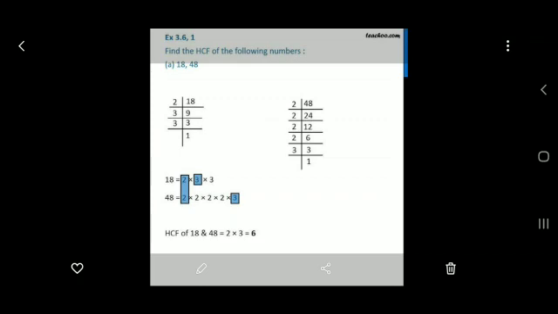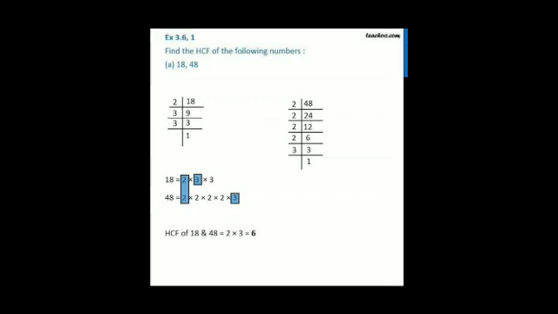So here find the HCF of the following numbers. What is HCF? Highest common factor. So you just find the factors using the prime factorization method. 18 is there, 48 is there. You practice well children, then it will be easy for you.